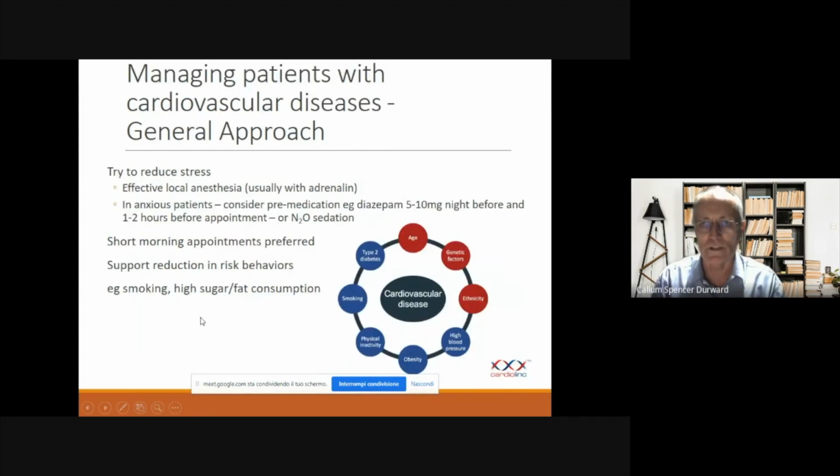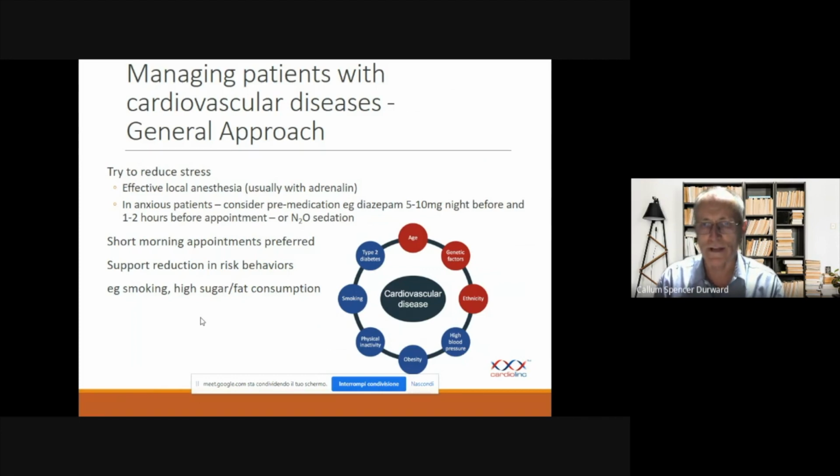When managing patients with cardiovascular diseases, there are several general principles that we can follow. Firstly, try to reduce stress during the dental appointment. To do this, ensure that we have effective local anesthesia, usually with an agent that contains adrenaline.